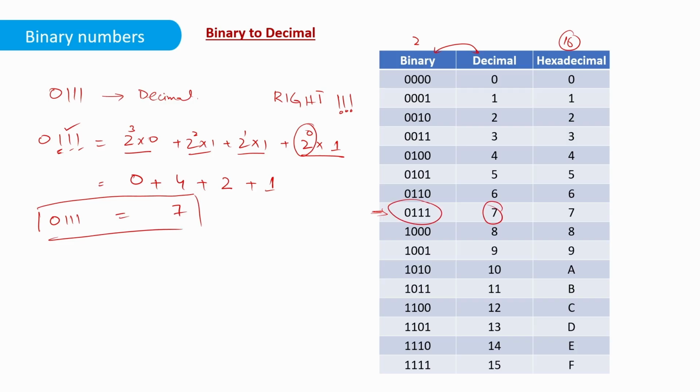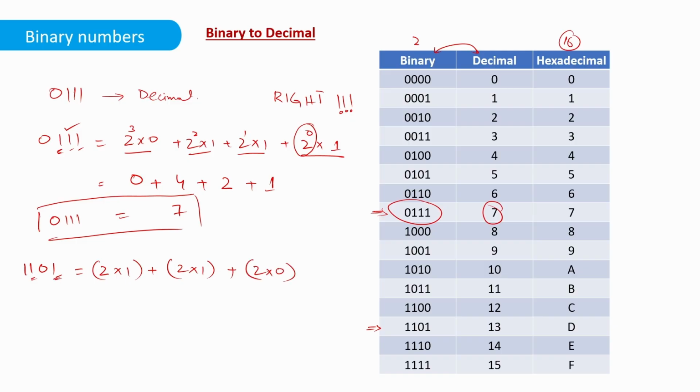Okay, let's do another example. Let's do it for 13. So now I want to convert 1101 to 13. The first step is to multiply each digit with 2. So 2 times 1 plus, let me add brackets to distinguish between each multiplication. Then for the second digit, 2 times 1, right? Plus, then for the third one, 2 times 0.